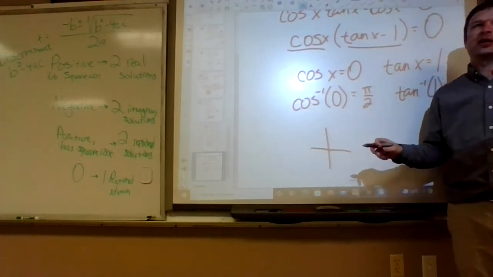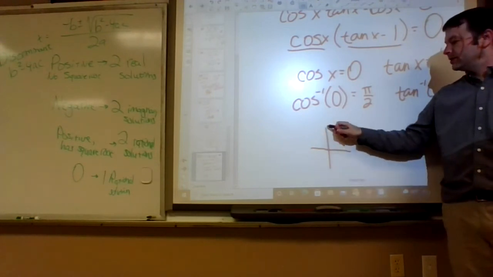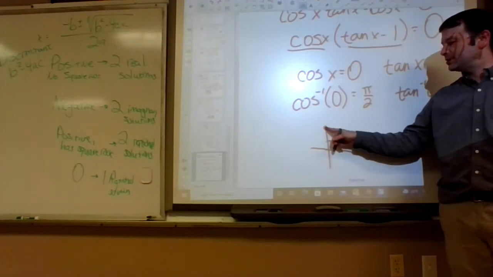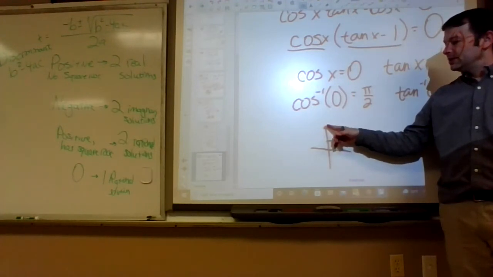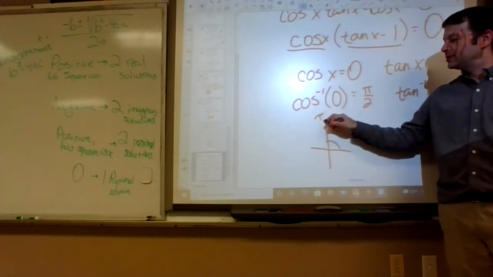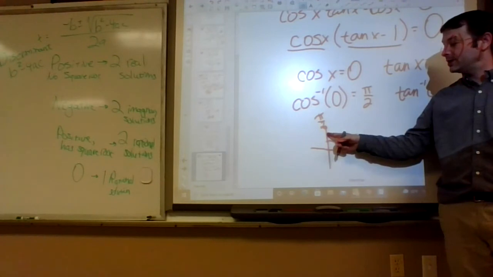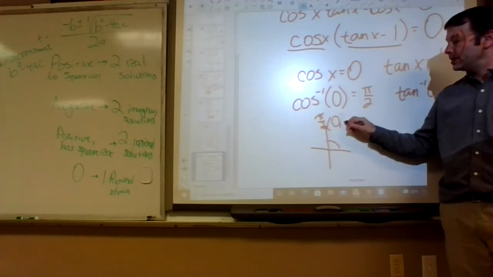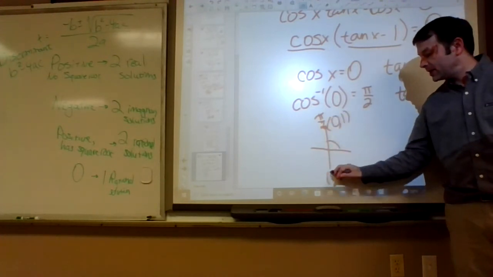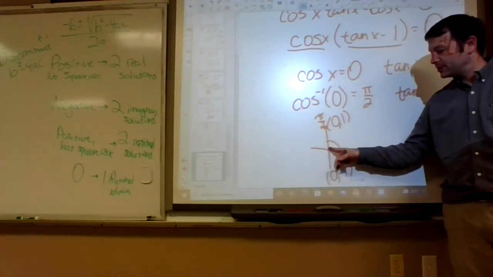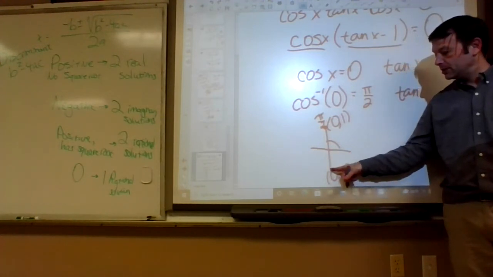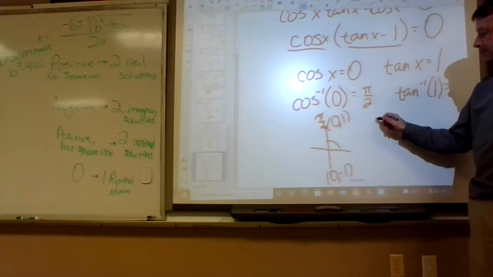Right here at 90 degrees, pi over 2, the x value is 0. This is like 0, 1. This is like 0, negative 1. So the x value is also 0 right here, and that's 3 pi over 2.